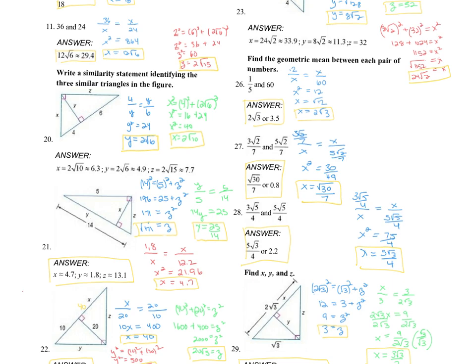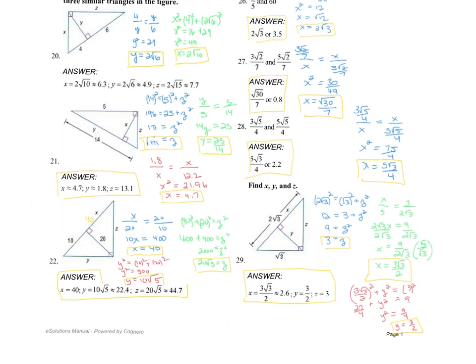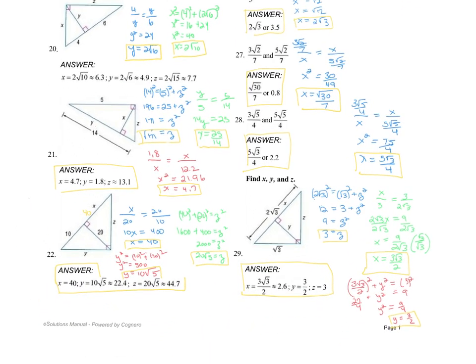Alright, if we look at the next one here, number 21, very similar type problem. We're asked once again to find x, y, and z. This time the first thing I looked at in blue was that if this side here is 14 and this side is 5, then I'm missing this z.